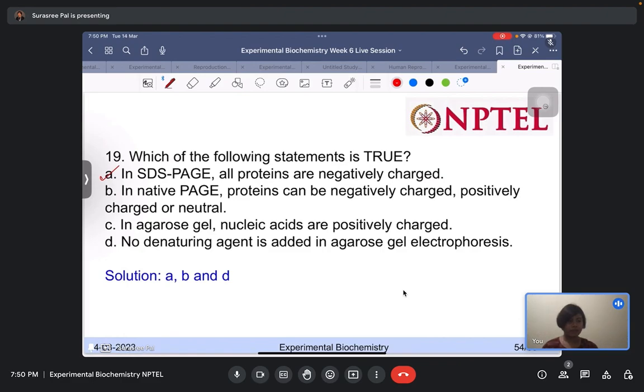In native PAGE, proteins can be negatively charged, positively charged, or neutral. That is also correct. And no denaturing agent is added in agarose gel electrophoresis. That is also correct. But this one is incorrect, that nucleic acids are positively charged. Nucleic acids have their inherent negative charge. So that is an incorrect statement. So the solution is A, B and D.